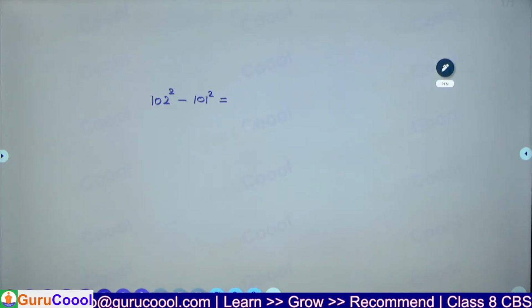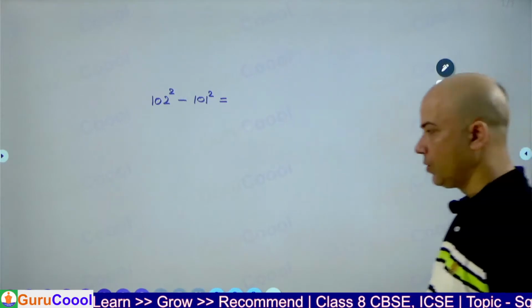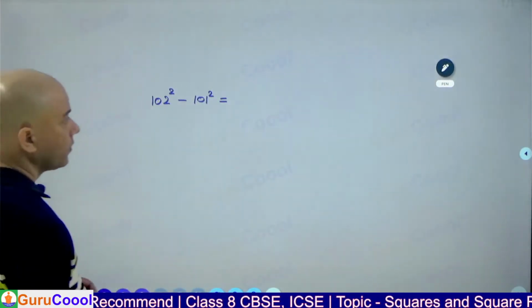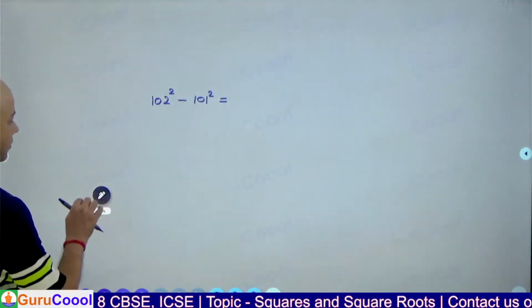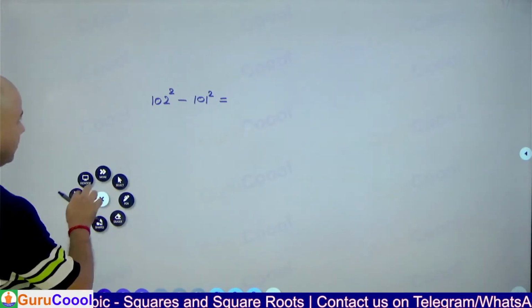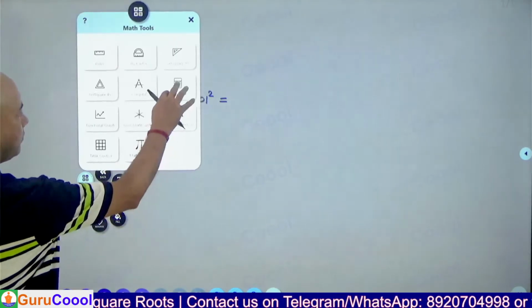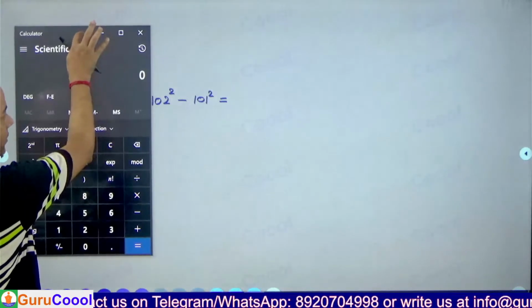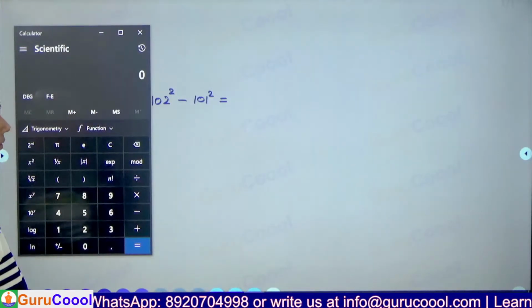I got 203, sir. 203. Sir, same. Same? Why same? You said 1. Sir, now it is same. Don't cheat. Sir, I calculated again. So what happened earlier? You said 1. Earlier you didn't have brain.